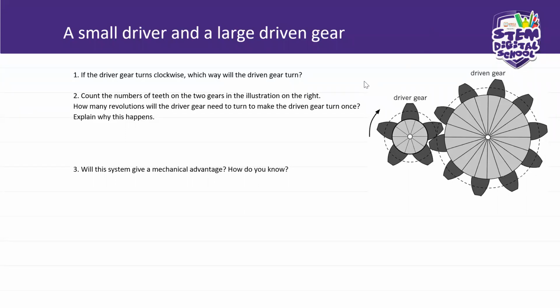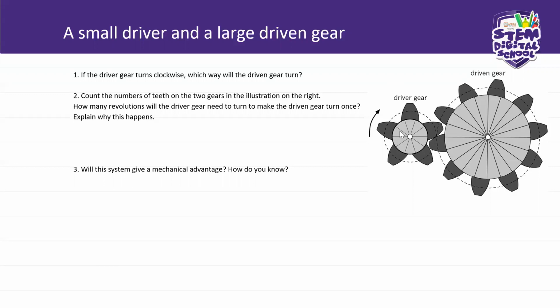Twice, okay? Because it is half the size of the driven gear, the driver gear will turn twice to make the driven gear turn once. So the ratio is 1:2.